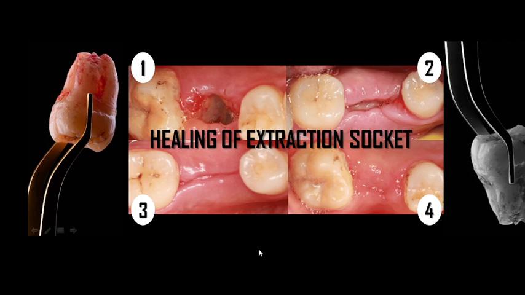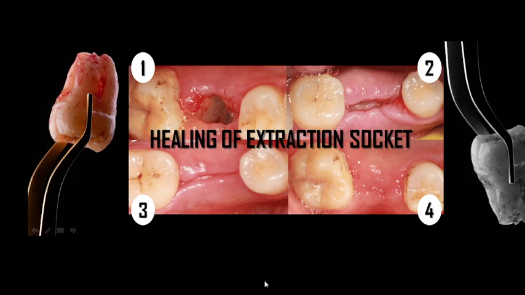Healing of the extraction socket is a complicated process that involves 4 overlapping stages that are modulated by various growth factors and cytokines. A complete sealing of the socket with matured mineralized trabecular bone and marrow is achieved around the 12th week on average. So as we see, we have 4 stages.